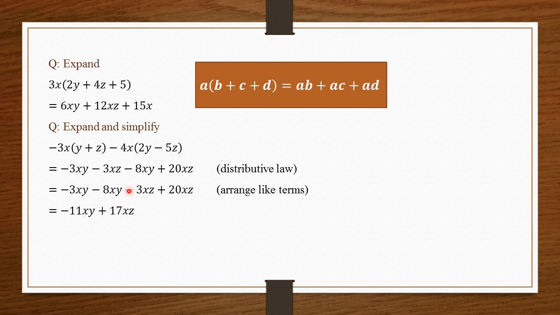Here you can see this one is minus, this one is plus, different signs, so you will subtract them. 20 minus 3 will be 17, and you will use the plus sign. Why? Because 20 is greater than 3 and 20 has the plus sign, so you use the sign of the bigger term. Now xy and xz are not the same variables, so you cannot simplify it further. So this will be your solution.